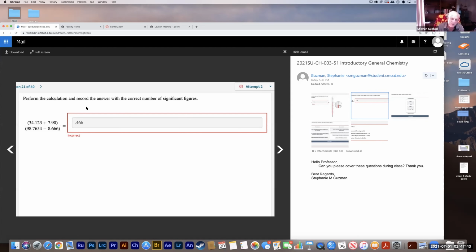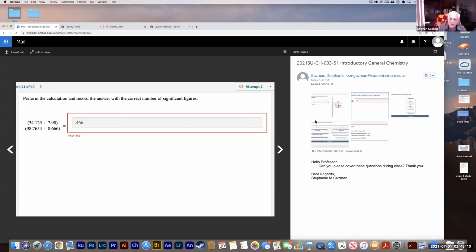I am good to 4 significant digits, my top number. So 1, 2, 3, 4. The answer comes out to 0.4664. Does that make sense? Yeah, because I didn't include the 4 after the 6.